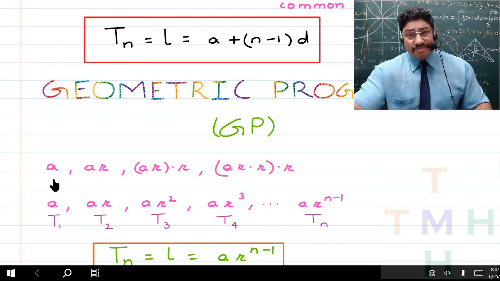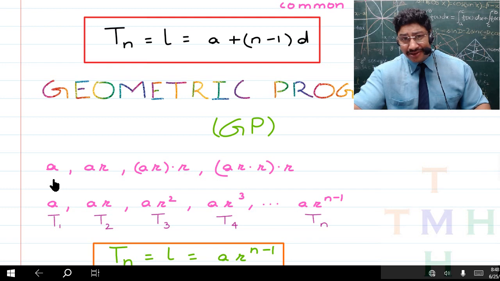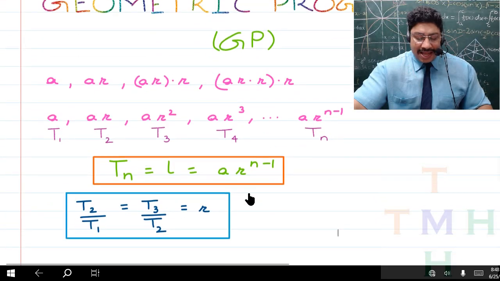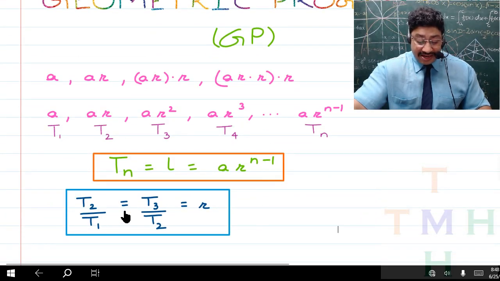So like a number was added to the last term to get the next term in an AP, here in place of adding, we just multiply the last term with a number to get to the next term, right?